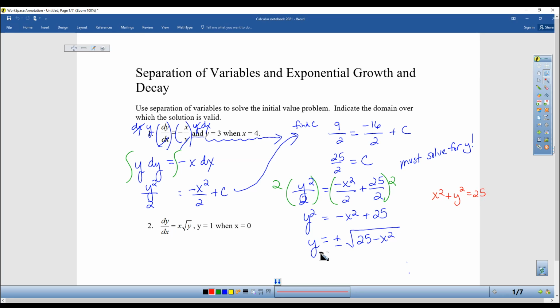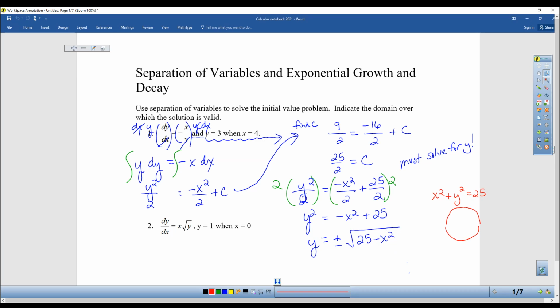So when I say y is equal to plus or minus, I'm showing both the top half, that's that square root of 25 minus x squared, and then negative square root of 25 minus x squared is this half, which wouldn't pass the vertical line test. So I'm trying to find just the one I want, the plus or the minus. Well, how do you know? Because y is equal to 3 when x is 4.